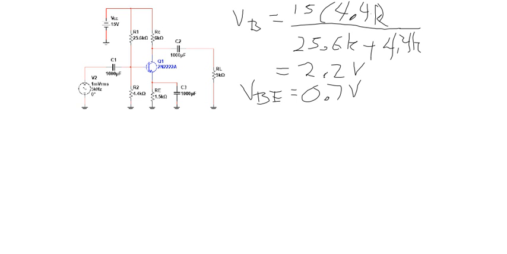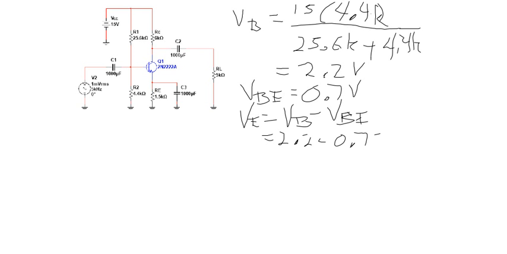So VE is going to be VB minus VBE. It's supposed to be a B. Or 2.2 minus 0.7, 1.5 volts. And we got 1.5K for RE.